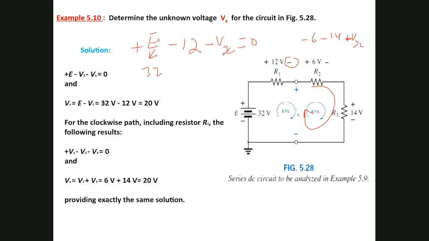This is the Vx here with minus, equal to 0. So add them together, and you will find the same answer again. So basically, you are dealing with the same principle. One, make your assumption, clockwise direction. Two, pick up the last polarity of the element.